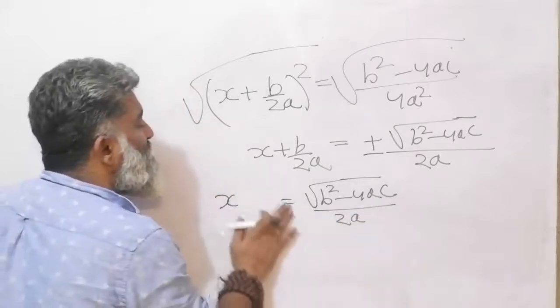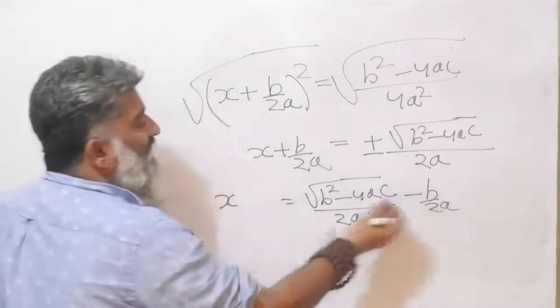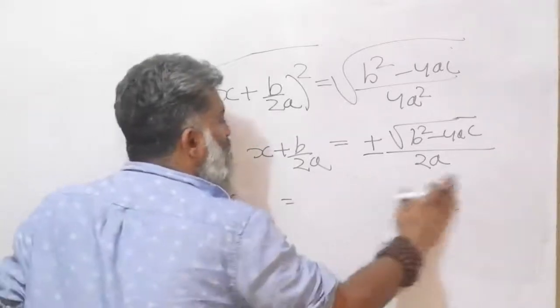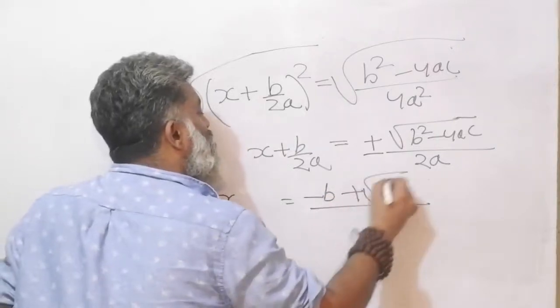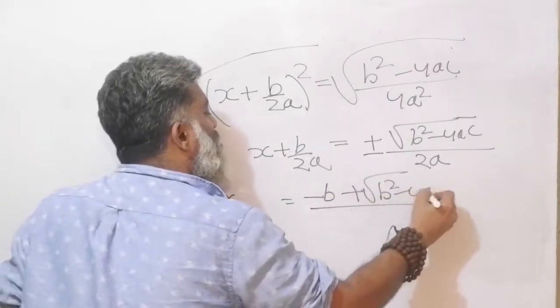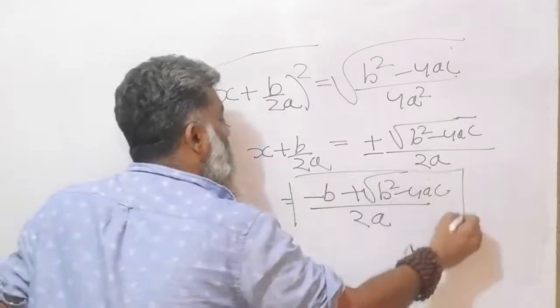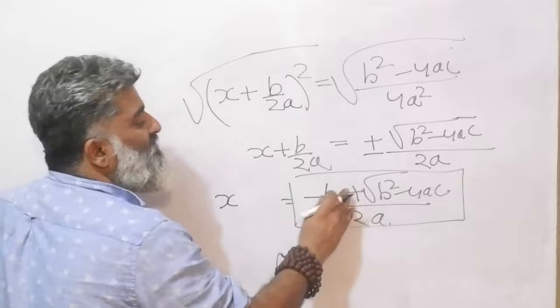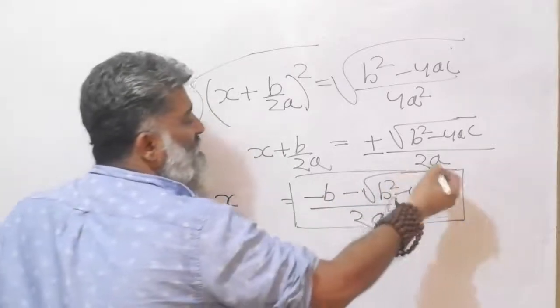And then move this on the other side, so minus b by 2a. And that's it. Solve this a little more and what you will get is minus b plus root over b square minus 4ac upon 2a. Very, very famous root. The other solution will be minus b minus the square root of b square minus 4ac, upon 2a.